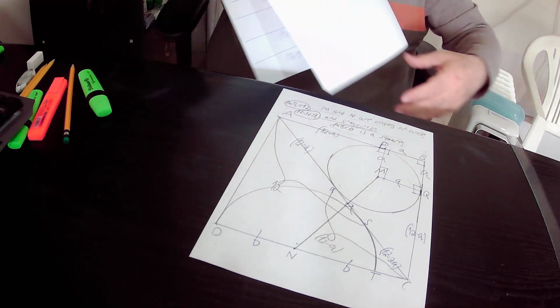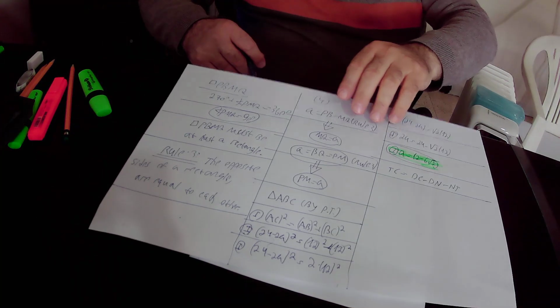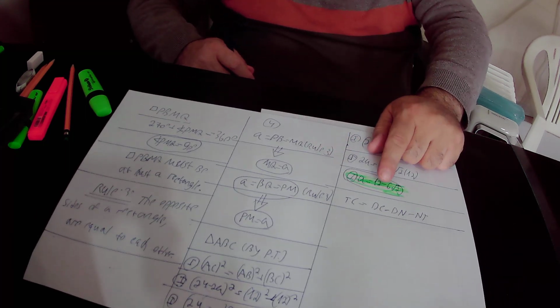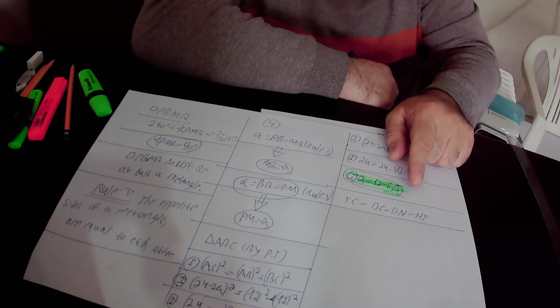I will repeat again. The length of line segment TC will be equal to DC minus DN minus NT.